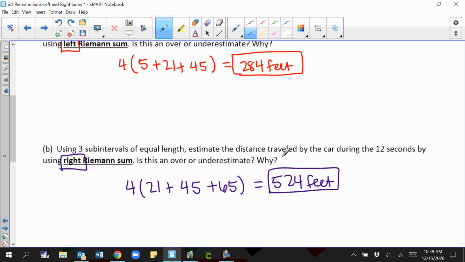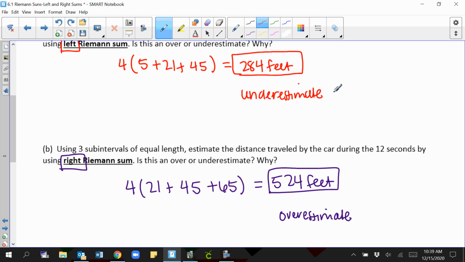And so now that I have these 2 numbers, it's pretty easy to see this one's the smaller number and this one's the bigger number. So the smaller number is going to be the underestimate, and the bigger number would be the overestimate.